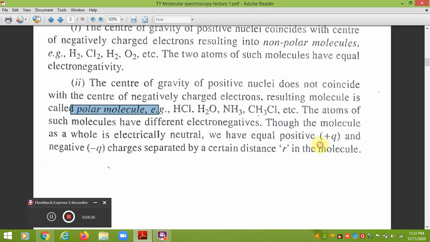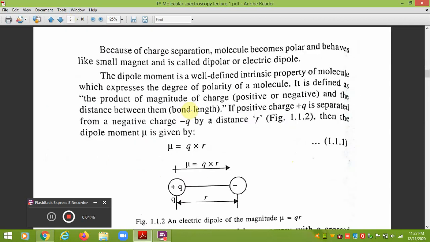Here you can consider the positive charge as plus q and the negative charge as minus q, separated by a small distance r. If r is the distance between these two charges and q is the magnitude of these charges, then the equation for the dipole moment will be equal to q into r. So this is simply the product of charge and the distance of separation between the two charges.